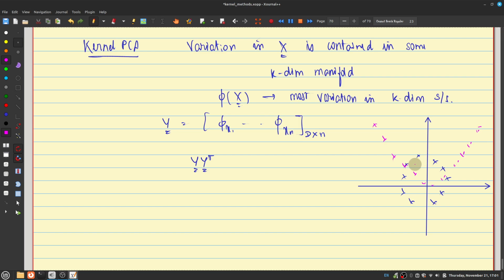So if I were to map these points into a higher dimensional feature space, for instance, let's take this case where the points lie on this circle, suppose I were to map this to R^3.